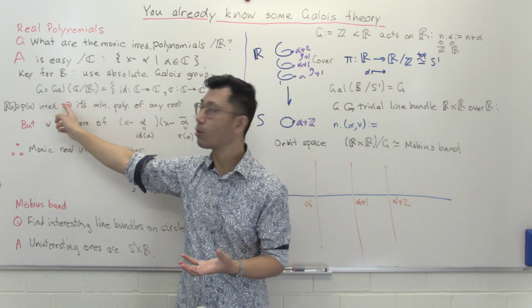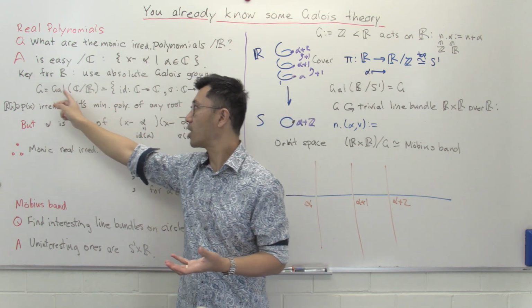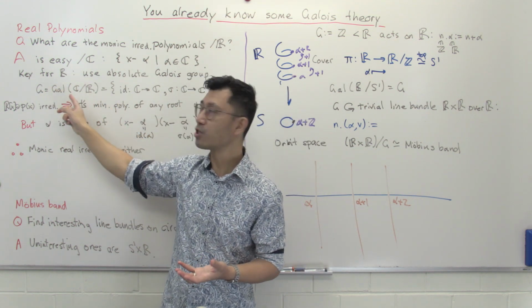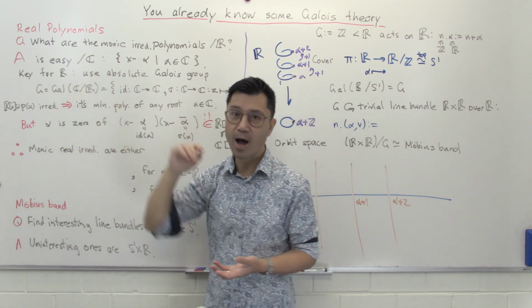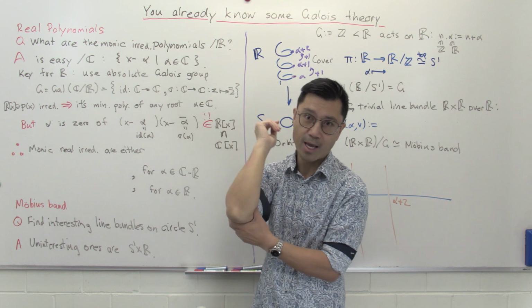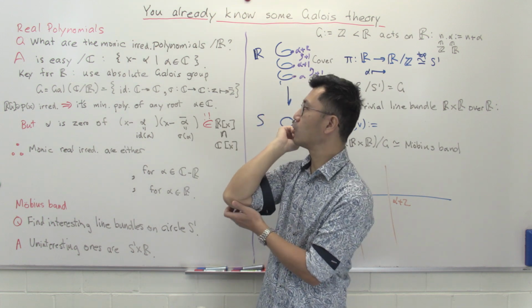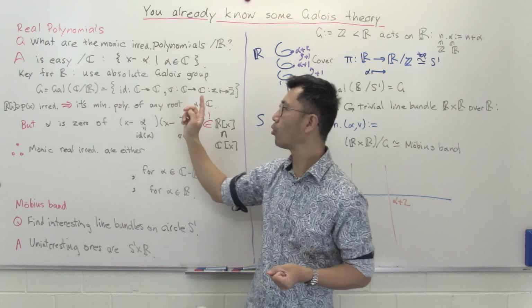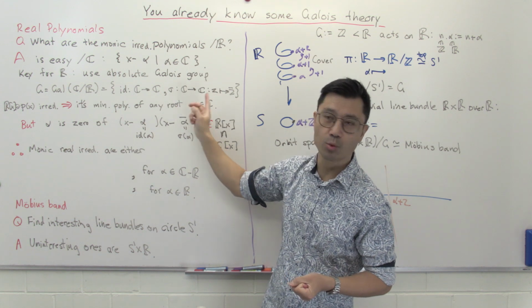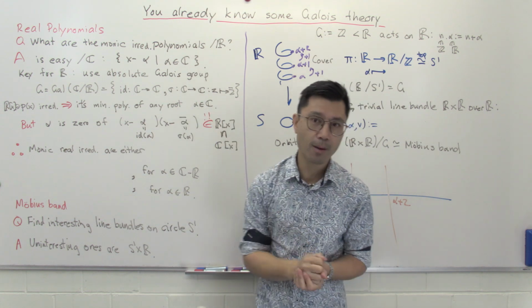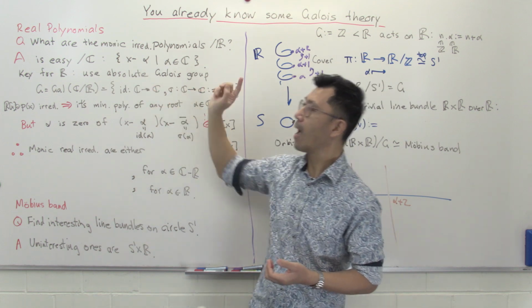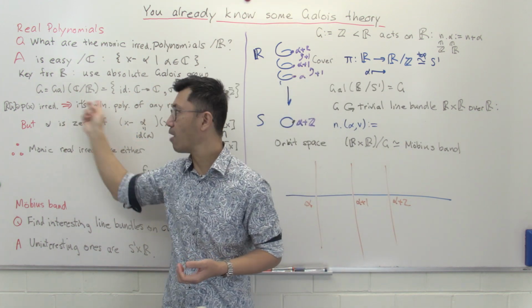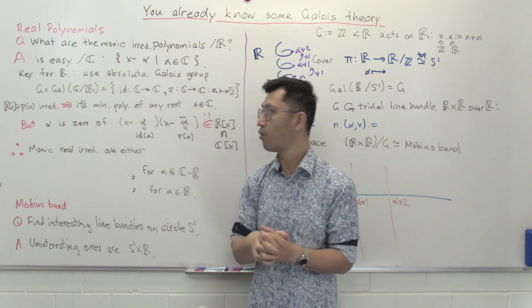In this case, I'll denote it G, and the usual notation is Gal, for Galois group, of C over R. It's quite easy to say what this is. You can look at the field automorphism from C to C, which is just conjugation, sigma. This has order 2, so it generates an order 2 group, and that's the Galois group of C over R. That's the symmetry that's involved here.